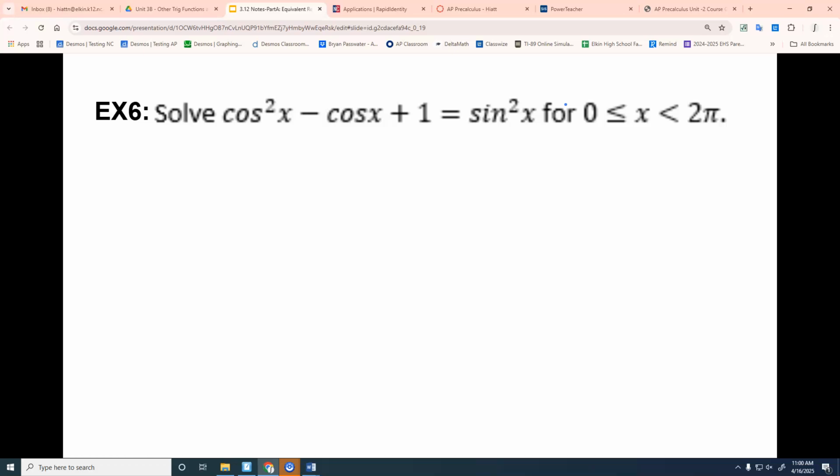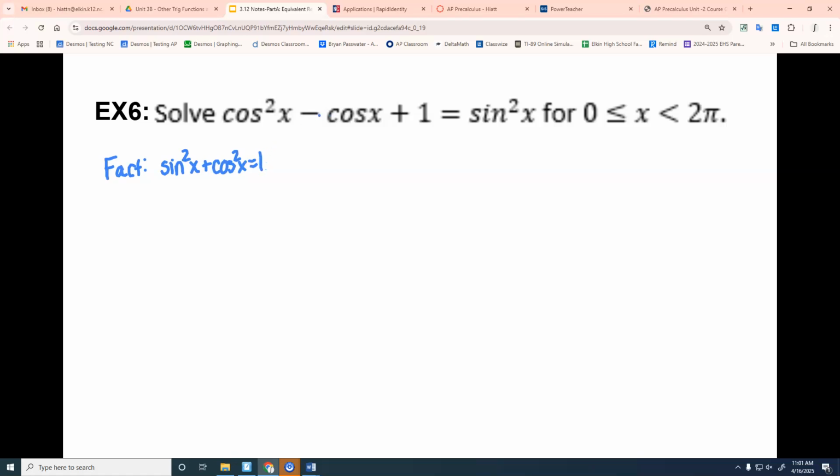So I would do it a little bit differently. It is a fact. Let's put down our fact again, right here. Sine squared x plus cosine squared x equals 1.